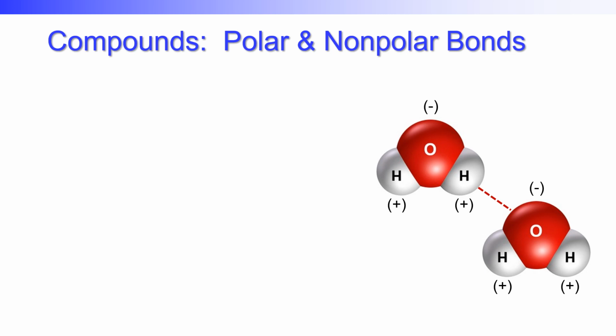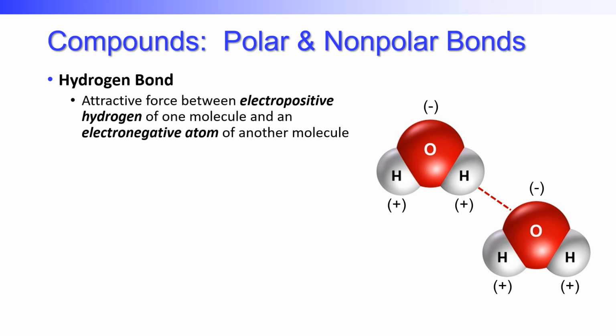a very powerful, in fact, the most powerful intermolecular force, which is called a hydrogen bond. So important that we call it a bond. It's not truly a bond, but that's what we call it. So what's so special about hydrogen bonds? Well, it's this electric attraction between our electropositive hydrogen, or our hydrogen operating in an electron deficit, and it's being attracted to an electronegative atom, in this case another oxygen in a different water molecule.